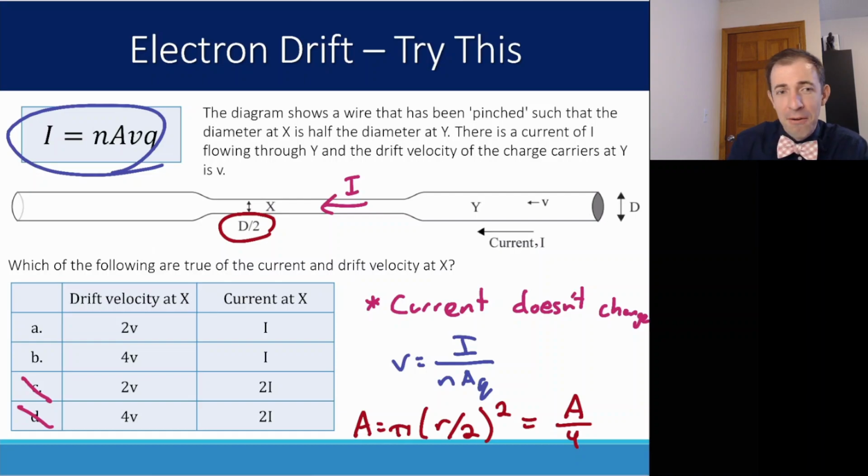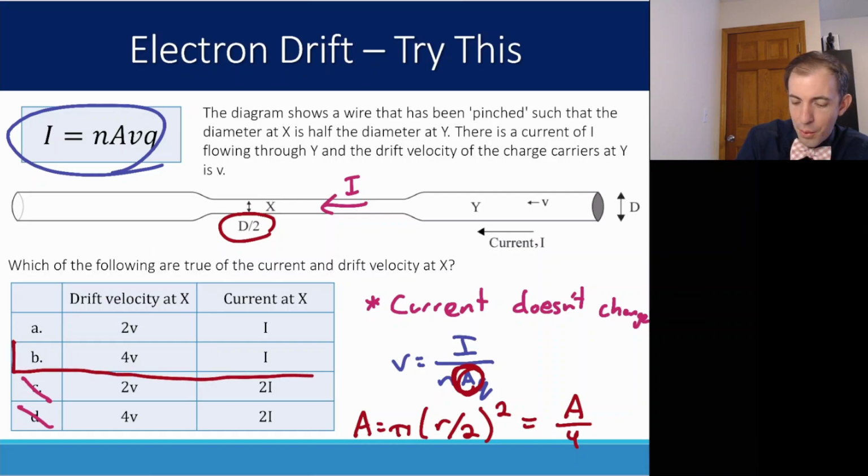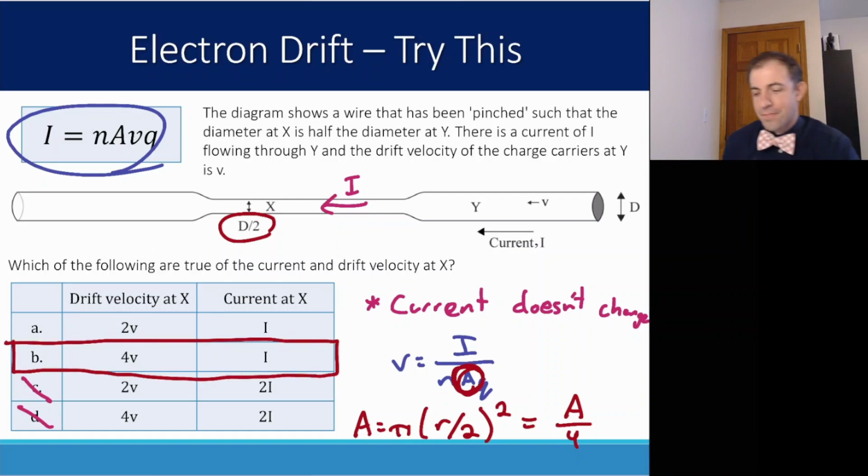And if this area is 4 times less because the radius was half and radius is squared, that means that the drift velocity must be 4 times more.